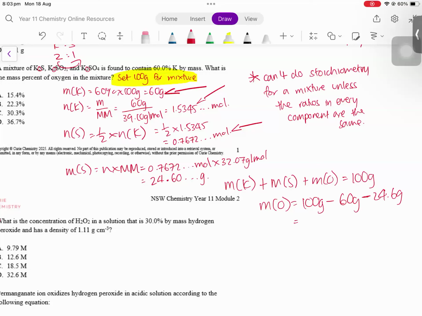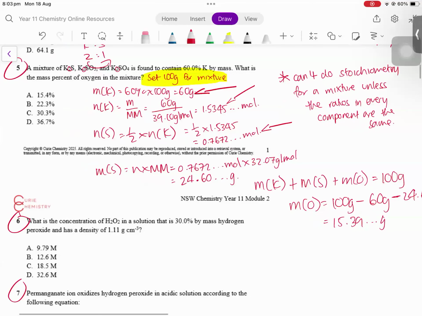So what do you get for just the oxygen? 15.39. And then you round it off. The question rounded off to 3 sig figs, which is 15.4.